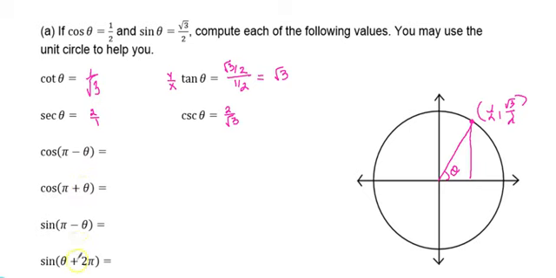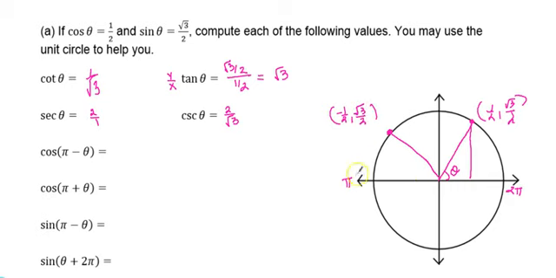The ones you have to make some connection for are these. Theta is here. What is pi minus theta? For that, you have to make the connection that this is pi, this is 2 pi. If this is my angle theta, my reflected angle will be here in the second quadrant. I'm just reflecting so that we can see.